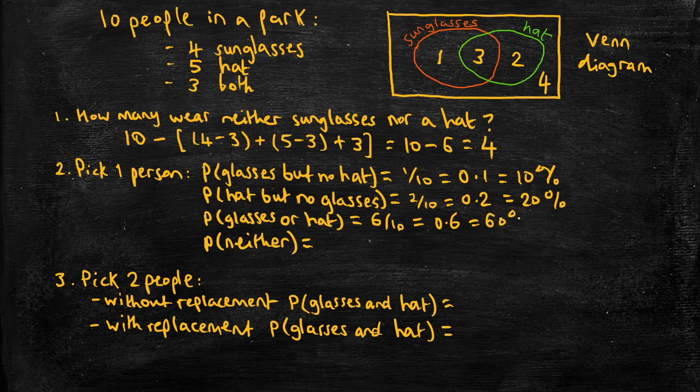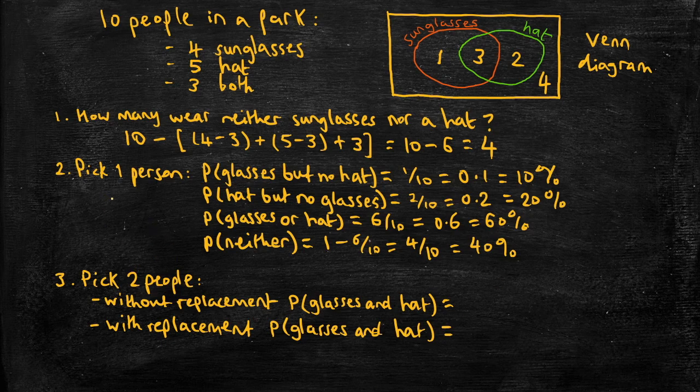And then finally, what is the probability that this person is wearing neither sunglasses nor a hat? So we can calculate that using the answer to the last probability that we calculated, 1 minus 6/10. So that comes to 4/10. Or alternatively, we could just look at the 4 people here outside the 2 circles, and that's 40%.